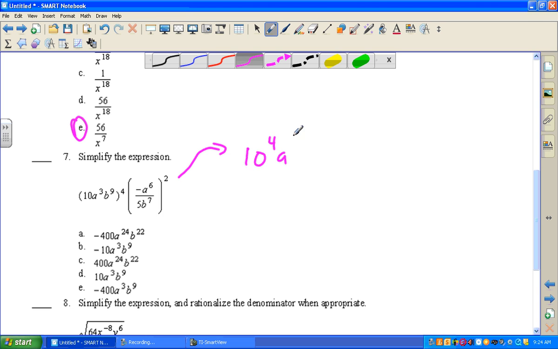So 10 to the 4th, A to the 12th, B to the 36th. Good. Now what about on the next round? Do the same thing. Would that negative turn into a positive? Yeah, because you're squaring it. So that's A to the 12th, 5 squared, B to the 14th.